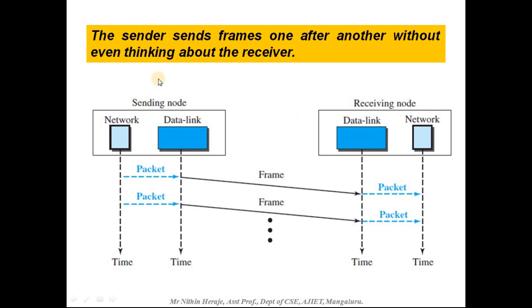Okay. So here what happens is, as soon as the data link layer of the sender node receives packets, it will convert the packet into a frame by adding some information, and it sends that frame to the destination, where the destination data link layer will get back the packet and send it to the network layer, and this keeps happening without waiting for any response from the receiver node.